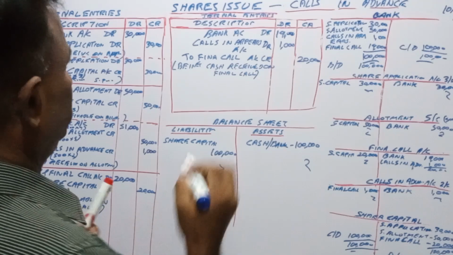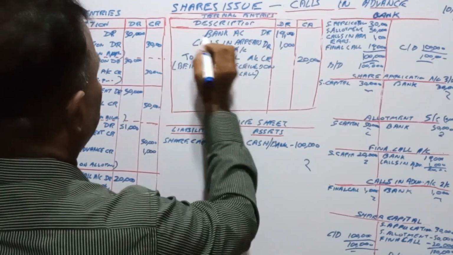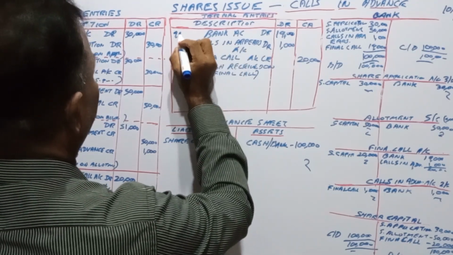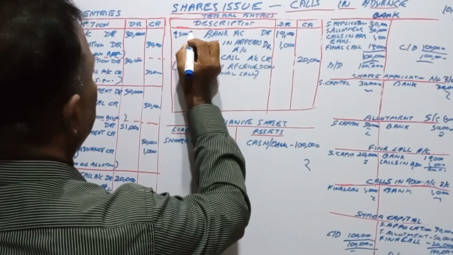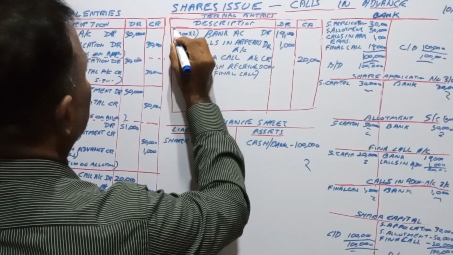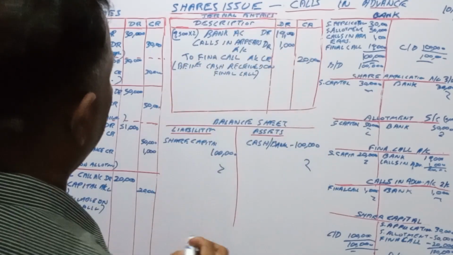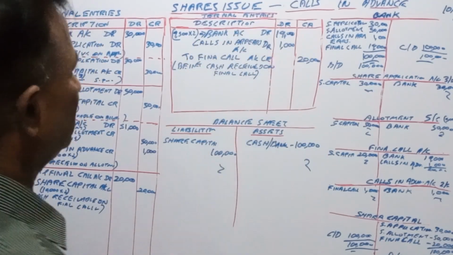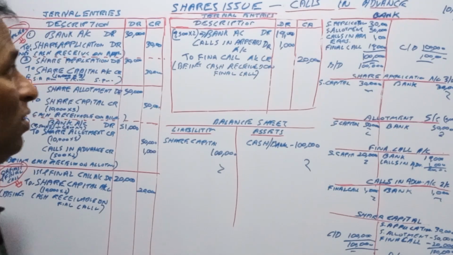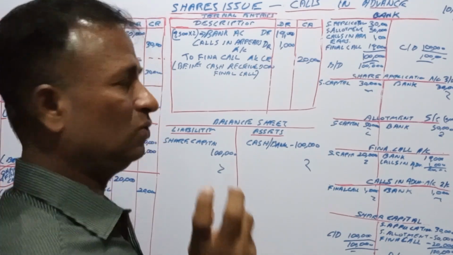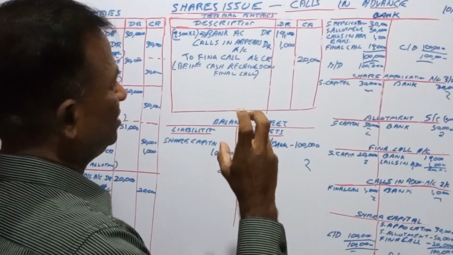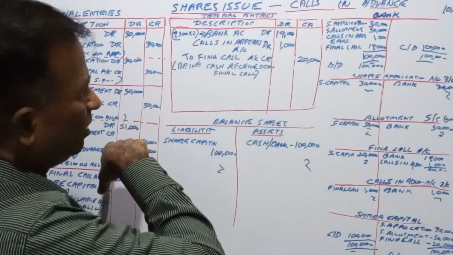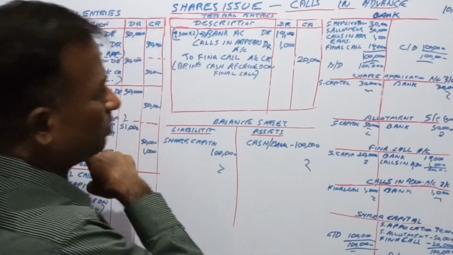Here you see, 9,500 shares into 2. This is the amount we are going to receive in the bank account, that is 19,000. The 500 shares into 2 rupees we have received at the time of allotment, right?